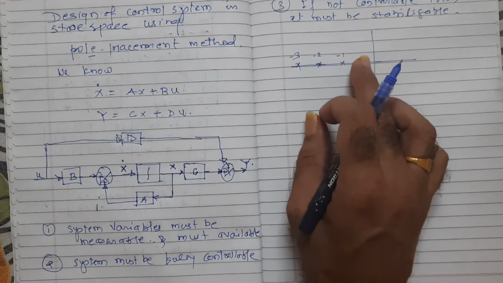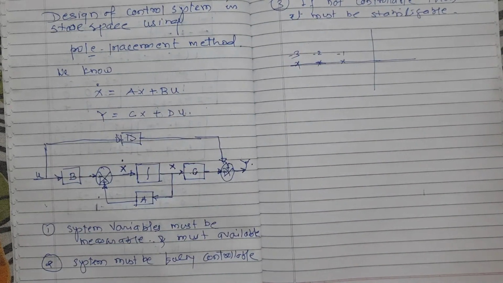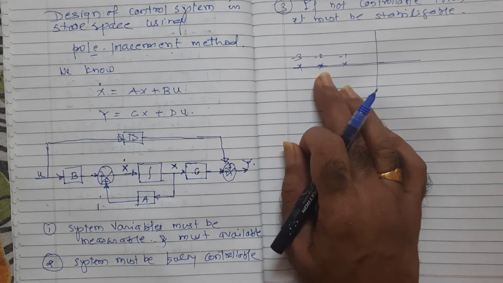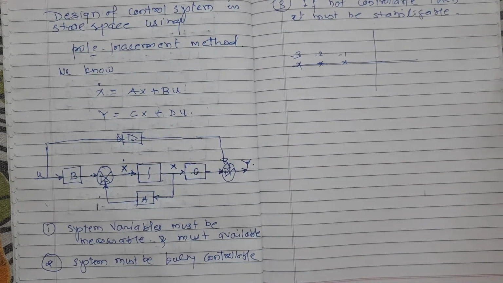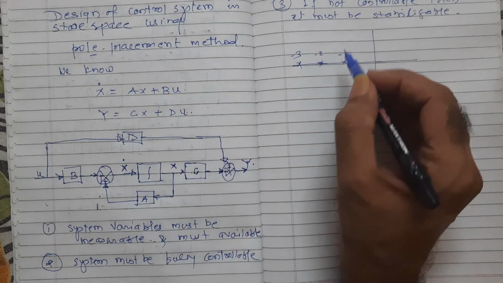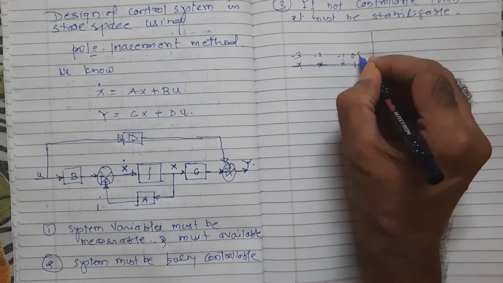Now I know that my poles are in the left half of the S plane, but I want to change the position of these poles. Now I want any other desired location. Instead of -1, I want -0.5.